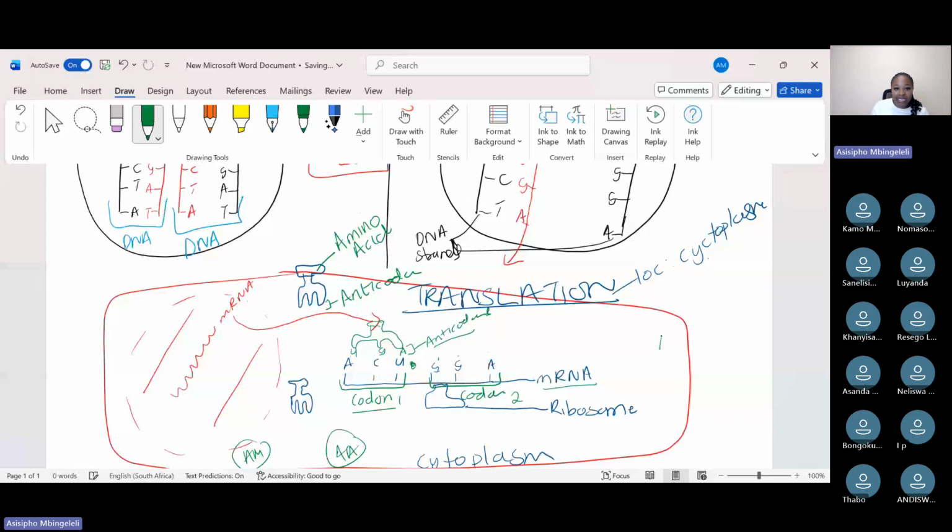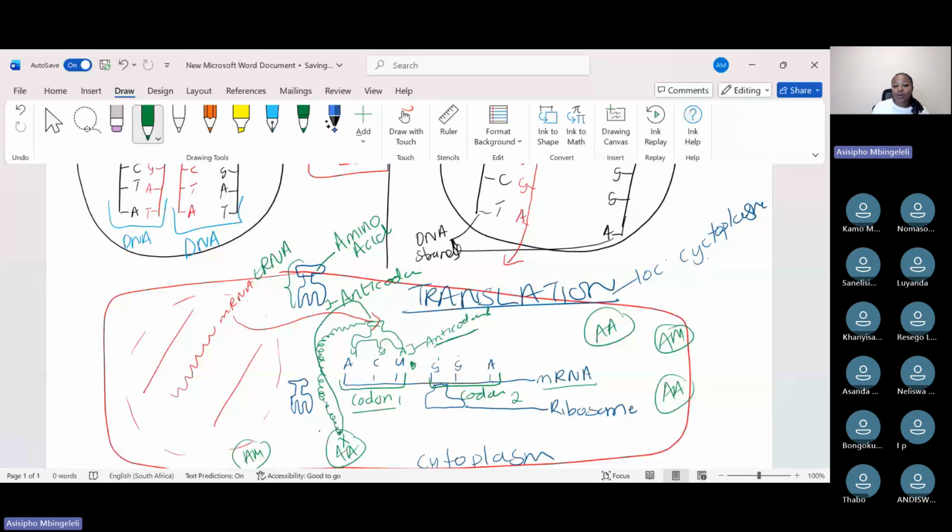So if amino acid X is coded for by ACU or UGA, this is the same thing, guys. The anticodon becomes complementary to the codon. This transfer RNA will move around the cytoplasm to collect this amino acid and bring it over here.